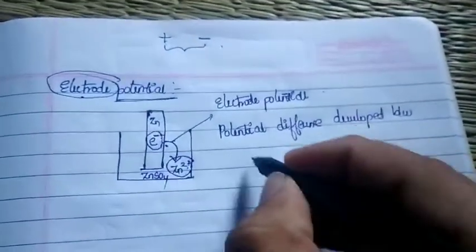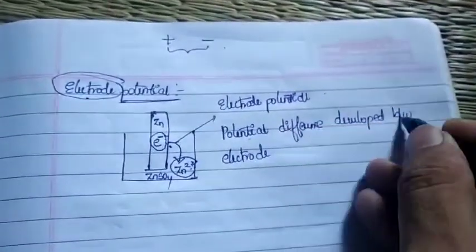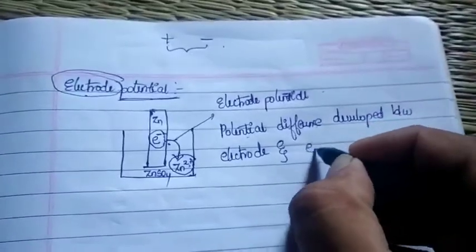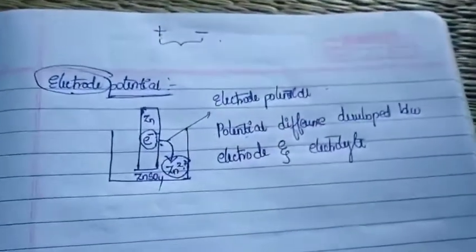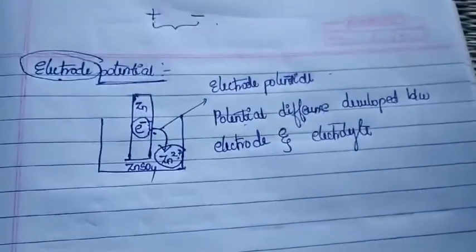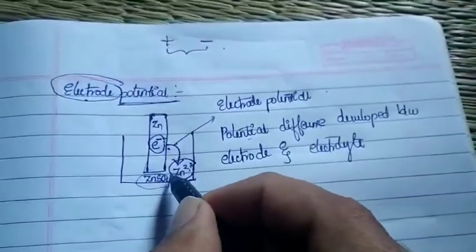The potential difference developed between the electrode and the electrolyte is itself called what? Electrode potential, alva. So this is the zinc electrode, this is the zinc sulfate electrolyte.